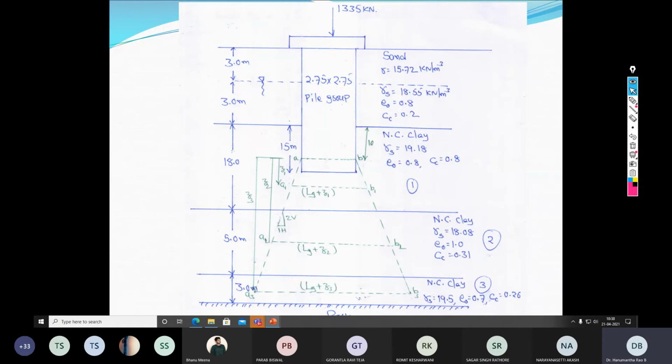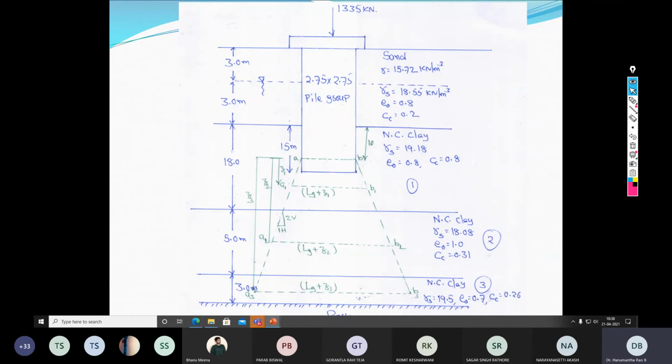So just try to compare the previous problem with this problem. In the previous problem, the sand is of only 1 meter, so therefore we did not ignore it. But here, the pile is passing through 6 meter length of sand. So it doesn't make any sense if you account for the whole sand layer for consolidation calculation.